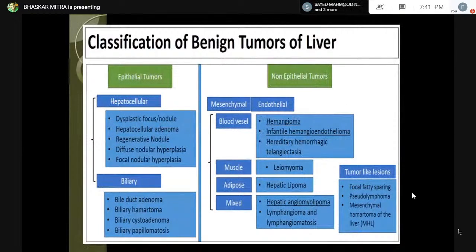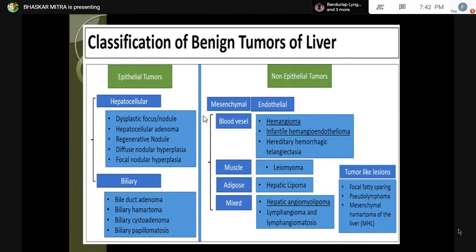So, my approach on this will be like this. Today we are talking about the benign tumors. My approach is whether we are seeing any lesions or proliferation in the epithelial component or in the non-epithelial component. On the epithelium, we said there are two groups. One is the hepatocellular group, in which there is a proliferation of the hepatocytes, and another group, where there is biliary duct epithelium or biliary proliferation.